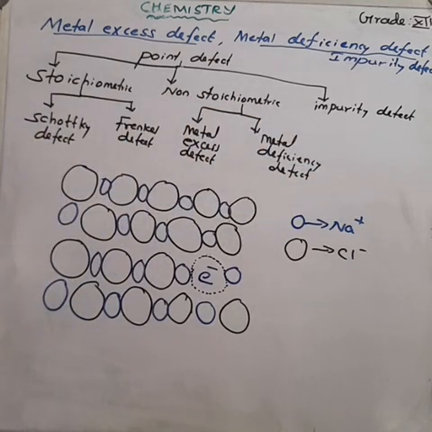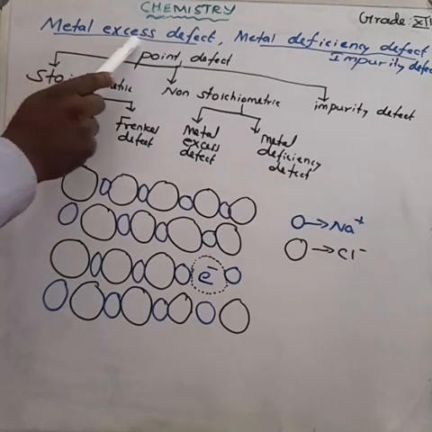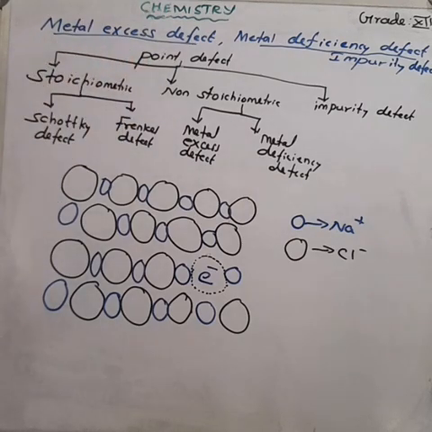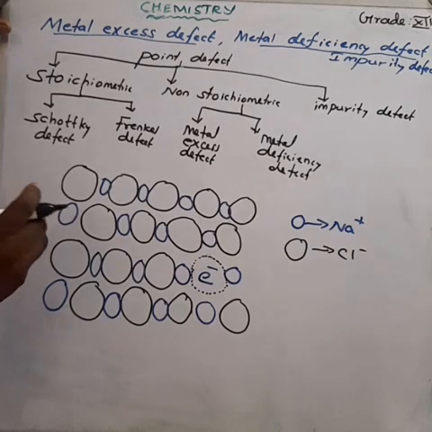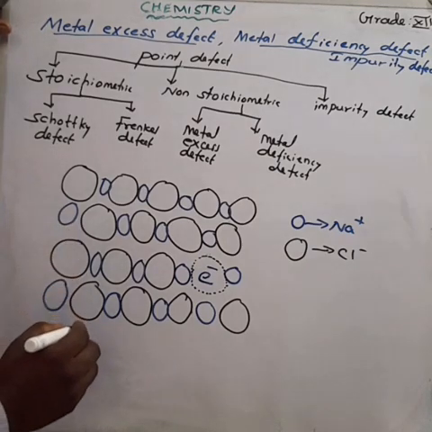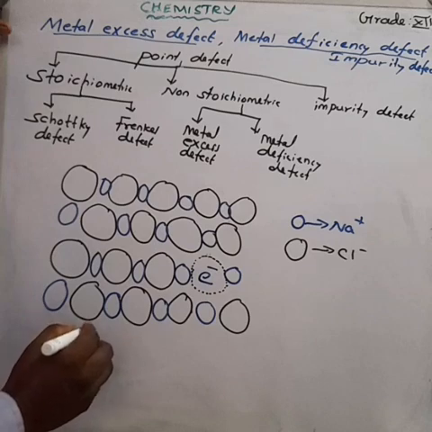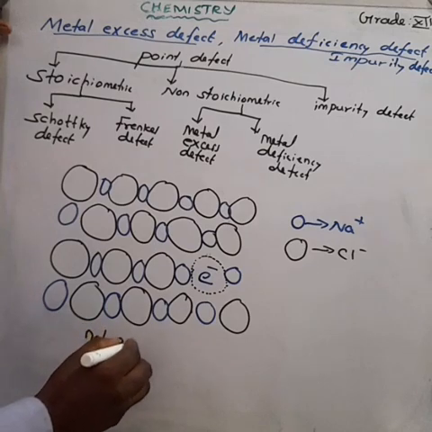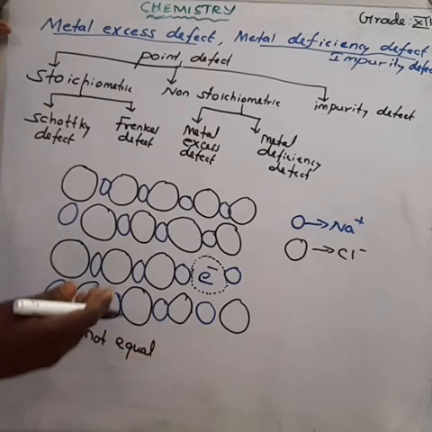So what is the metal excess defect? Metal excess defect means more cations are present in the crystal lattice. That means the number of cations and the number of anions is not equal; the cation will be more in this crystal.